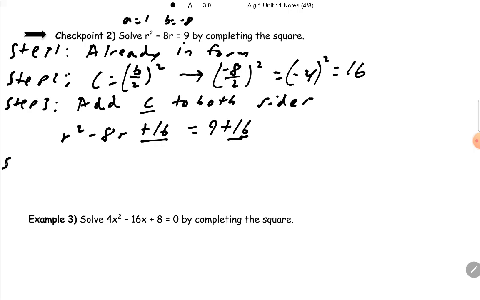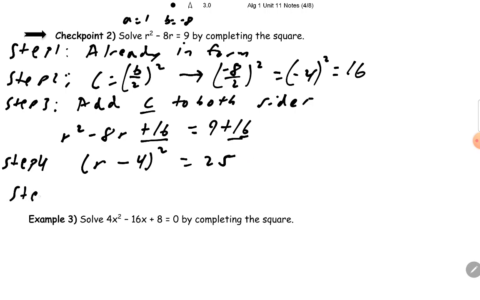Okay, step 4, the left factors into r plus b divided by 2, which is negative 4, quantity squared. 9 plus 16 is 25. Step 5, take the square root of both sides.